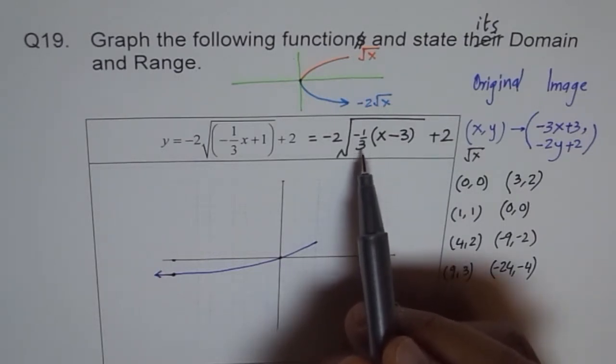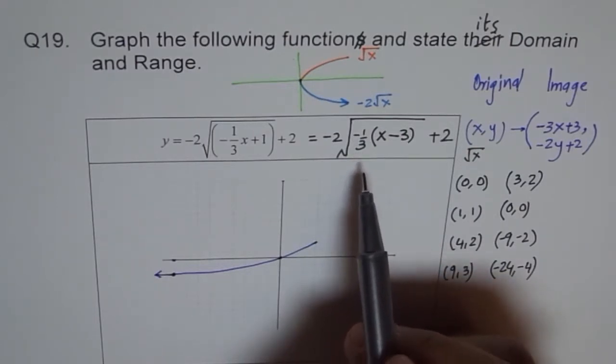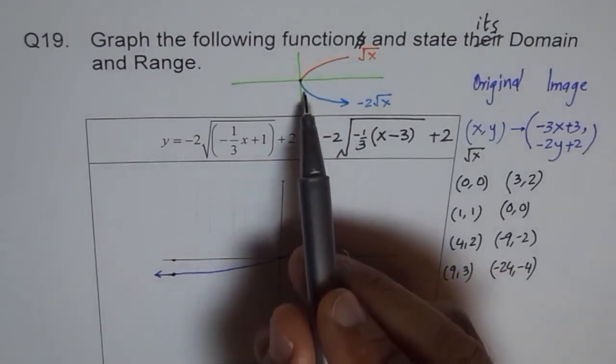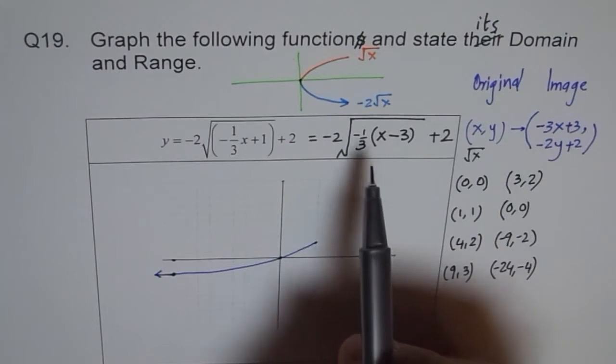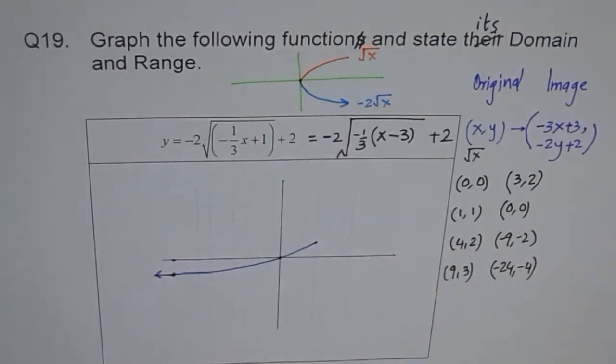by a factor of 3, right? So if you stretch it by a factor of 3, then every point gets stretched out by a factor of 3. And then you have to reflect it also. So let's do it in steps.